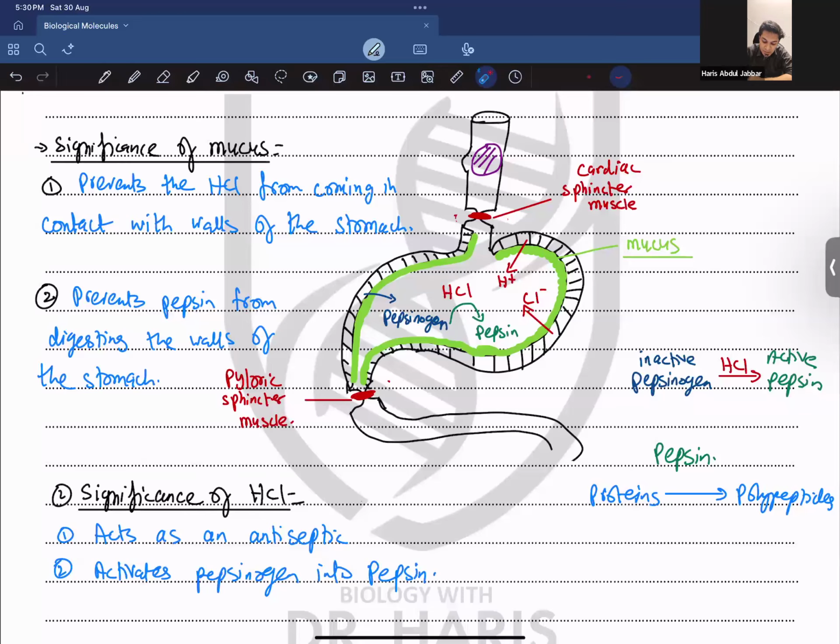Because of this, pepsin is released in an inactive form. जब वो स्टमक में आ जाएगा, when it's going to come in contact with HCl, only then it's going to activate itself. क्योंकि HCl प्रोडक्शन से पहले इन अ नॉर्मल हेल्दी इंडिविजुअल, मेरे पास वॉल्स किससे लाइन अप हुई हुई है? म्यूकस से लाइन अप हुई हुई है. डू वी गेट इट? राइट?